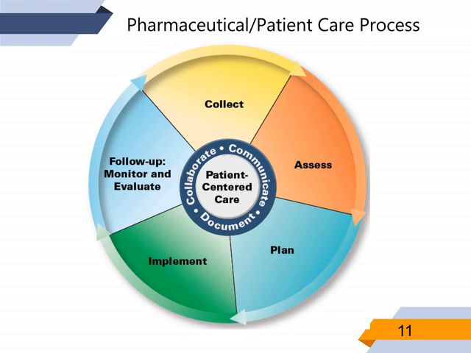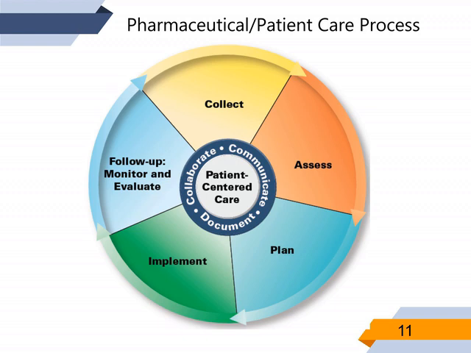In the pharmaceutical care process, the first step is to collect. The pharmacist assures the collection of necessary subjective and objective information about the patient in order to understand the relevant medical, medication history and clinical status of the patient.